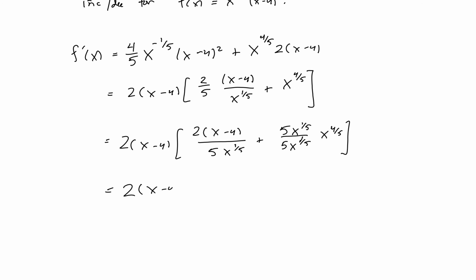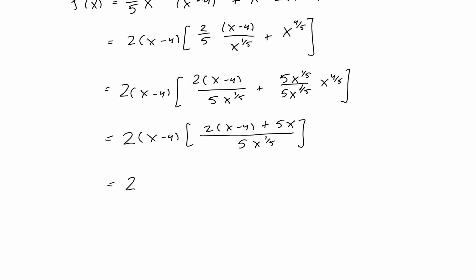So I get 2(x minus 4), and then I have (2x minus 4 plus 5x) over 5x to the 1/5. And so if I simplify this, I have 2(x minus 4), and then here I'm going to have 2x plus 5x, which is 7x, and then minus 8. And this is all over 5x to the 1/5. So again, the algebra here is a little complicated. But other than that, it's pretty straightforward.